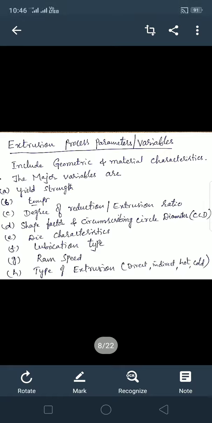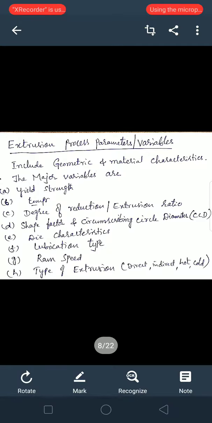The major process variables in the extrusion process include the yield strength of the metal being extruded, the extrusion temperature, third, the degree of reduction, also termed the extrusion ratio, the shape factor and the circumscribing circle diameter, that is CCD, then the die characteristics, lubrication type, ram speed, and the type of extrusion process, either direct or indirect, or hot extrusion or cold extrusion.